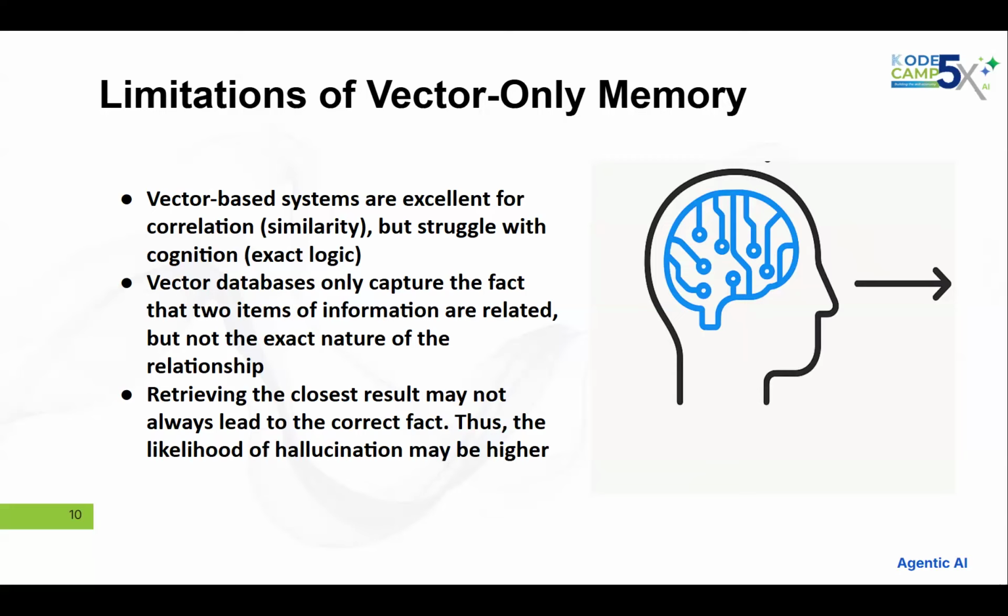That's why I'm saying it does not understand the exact logic. It doesn't make it easy to understand the nature of the relationship between these three entities: orange, tangerine, and lemon. It's clearly stated that orange and tangerine are related and orange and lemon are related, but it's not stated that tangerine and lemon are related. So with vector-based memory, we don't have that association.